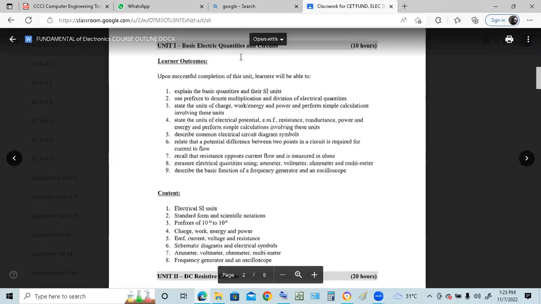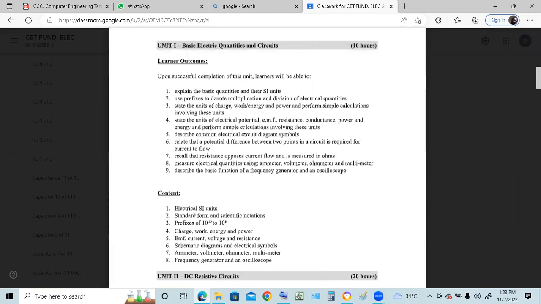Unit 1, basic electrical quantities and circuits. So we should be looking at our capacitor as well as inductor, because we almost finished resistors. Measure electrical quantities using ammeter, voltmeter, ohmmeter.